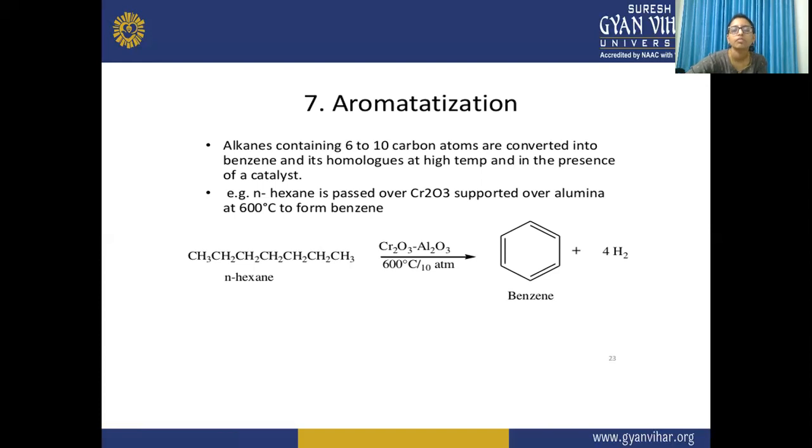These are converted into benzene and its homologues at high temperature and in the presence of a catalyst, and the catalyst is Cr2O3, chromium oxide, supported by alumina. So here N-hexane is passed over Cr2O3 supported by alumina at 600 degrees centigrade to form benzene.